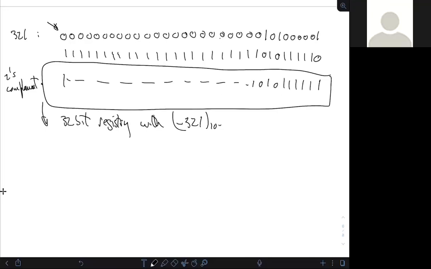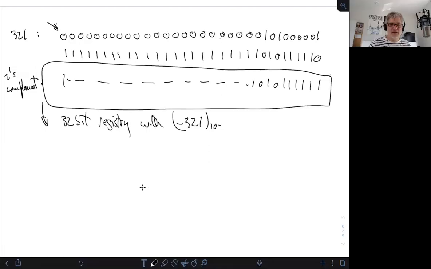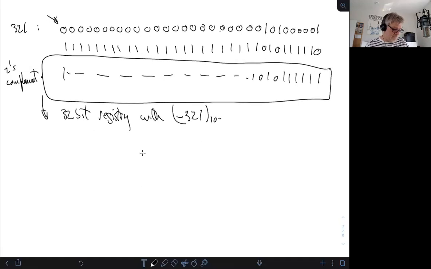Okay, so let's do a floating point then. That's the one I literally didn't do because I don't understand it whatsoever. Let's find one. Okay, I'll do number 11 here.